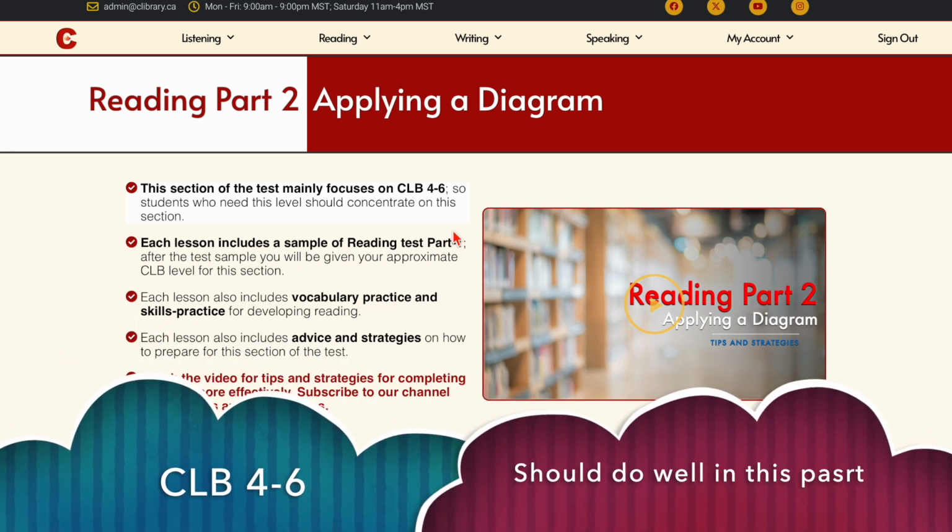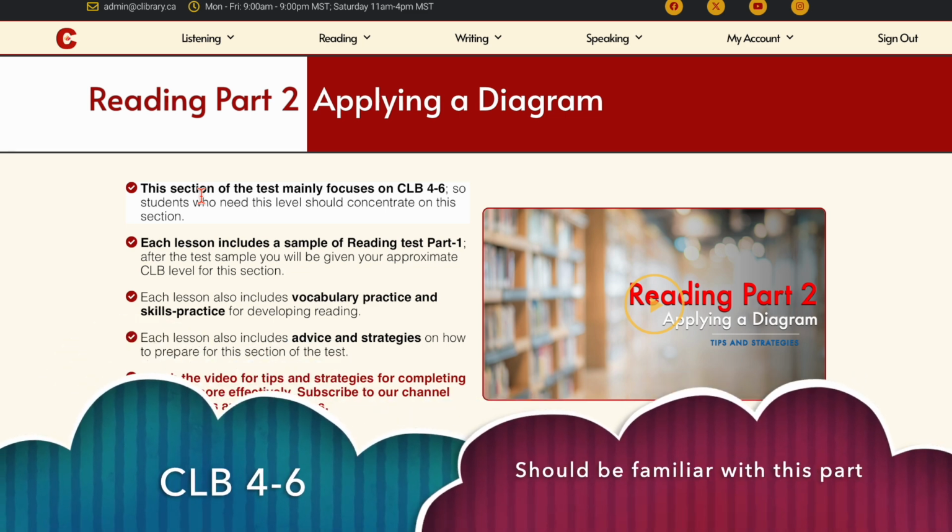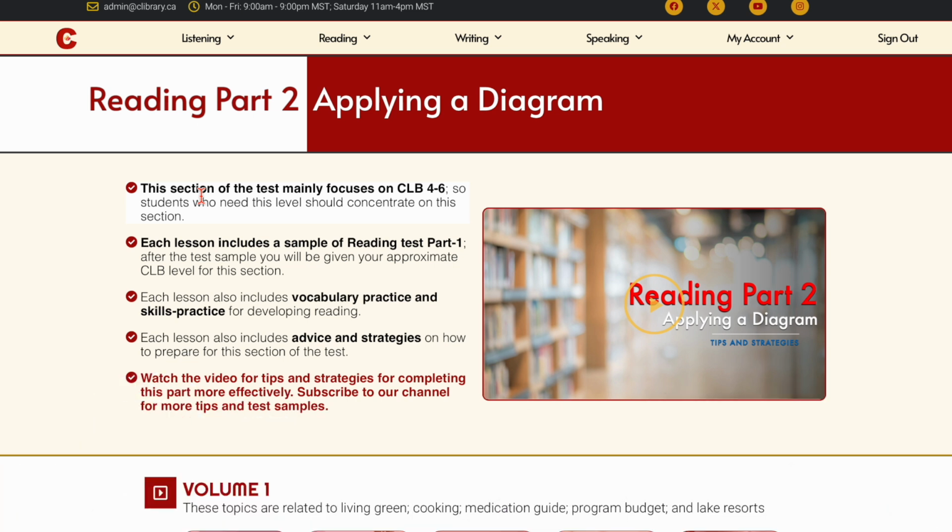You should get 4, 5, or 6 correct, and also in Reading Part 1, because this part is not so complicated like Part 3 or 4 and lower levels. You should be familiar with some of the English language in Reading Part 2. So we need to focus on this part.